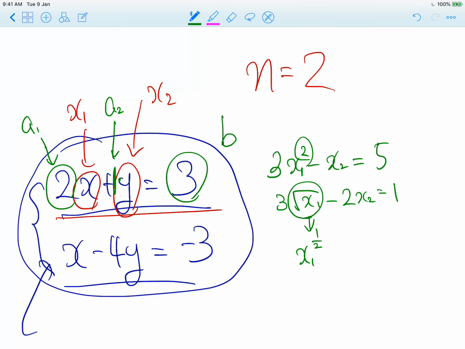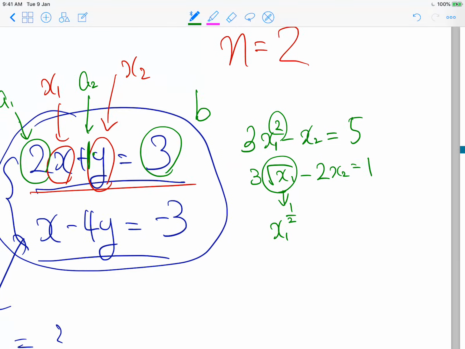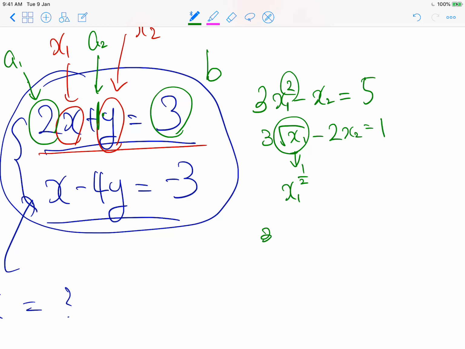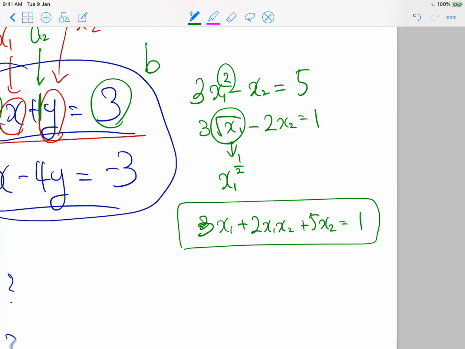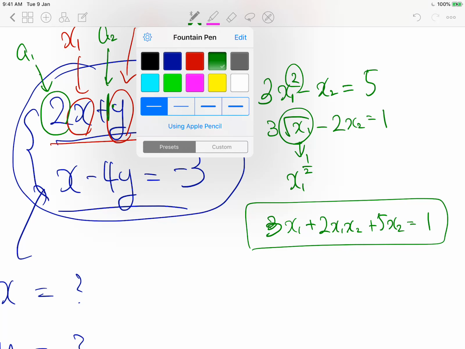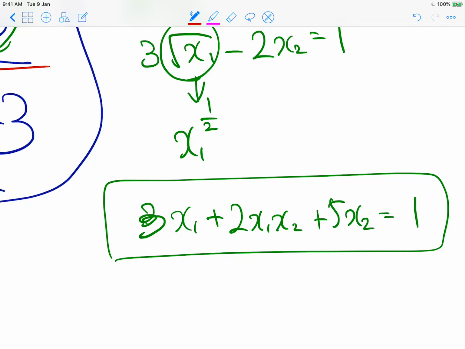But what about this one? Is this a linear equation or not? This is not a linear equation, because of this term.